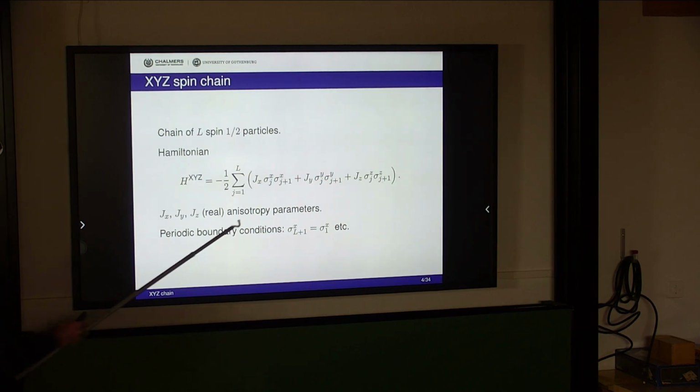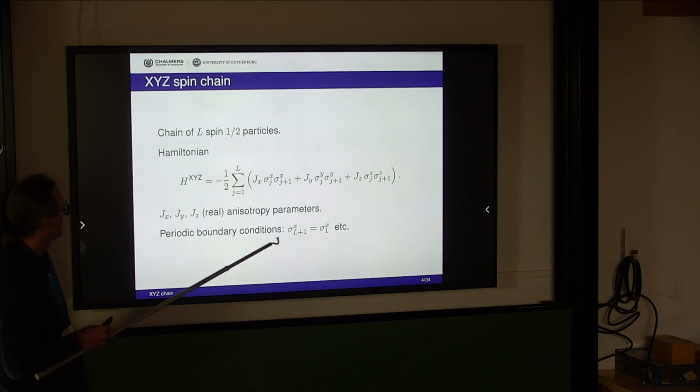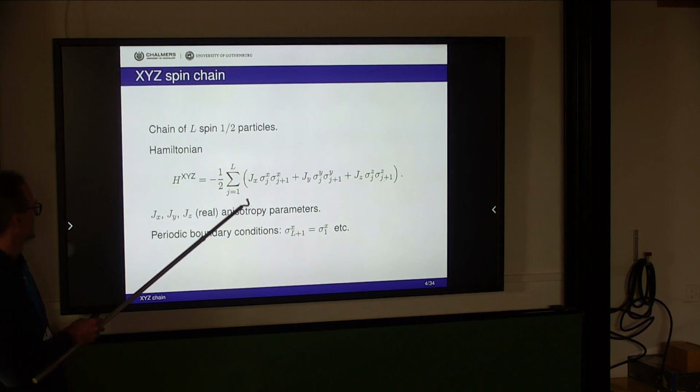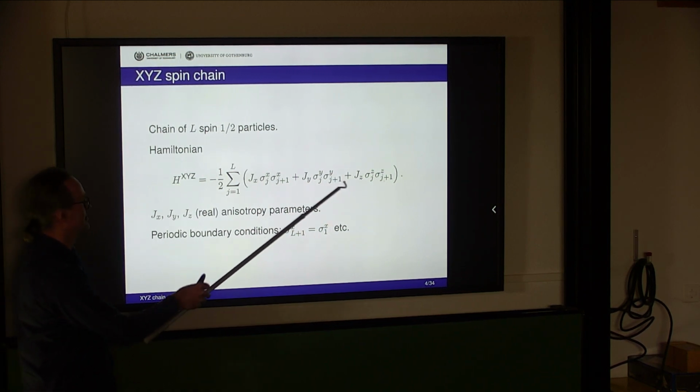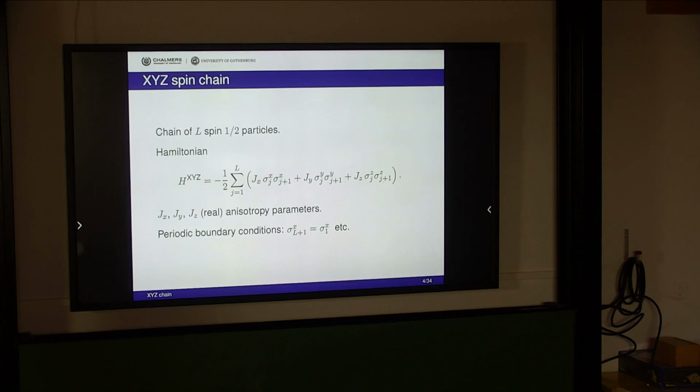And then you see some interaction between neighbors. What we haven't seen before is that this is completely anisotropic. So there are 3 different parameters here, Jx, Jy, Jz. They are just numbers that you could fine-tune to set the interaction in different space directions.